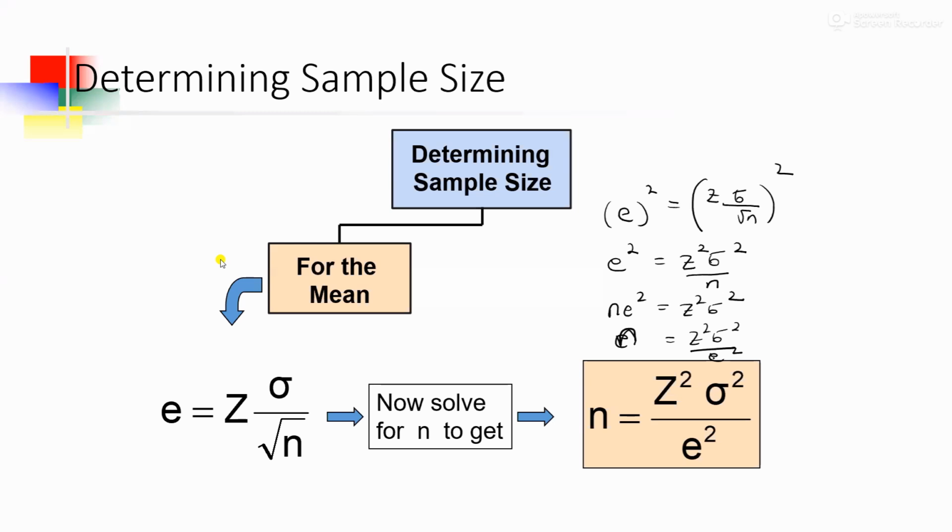Suppose we can allow 2 units from the sample mean, then margin of error E is equal to 2. If we are allowing the mean to change by 0.5 units, then the margin of error will be 0.5.